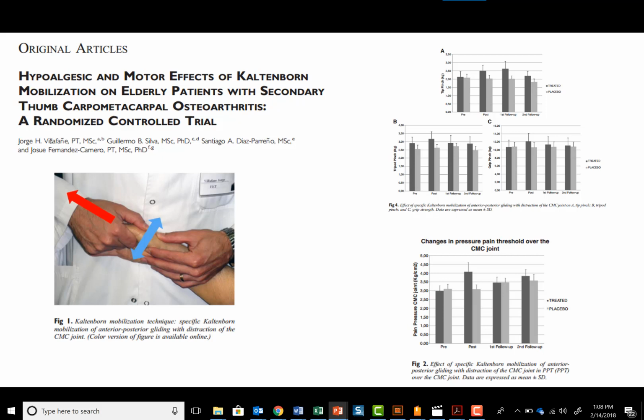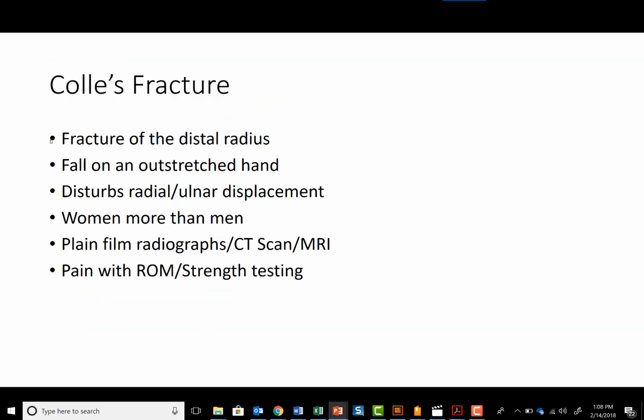So it reduces pain in people who go through these mobilizations immediately afterwards. So thumb CMC is a thing. Protect it, splint it, possibly mobilize it. Think about the radial nerve, the median nerve, and then gradually progress strengthening exercises with it.